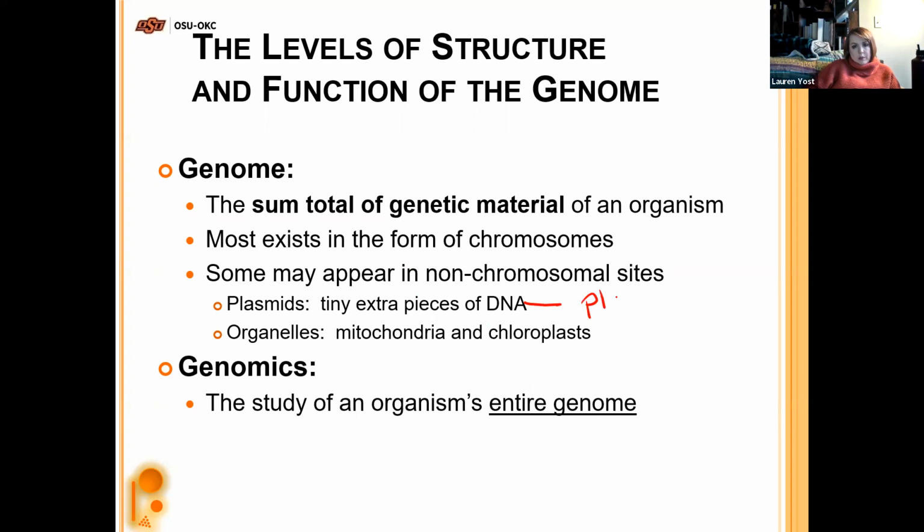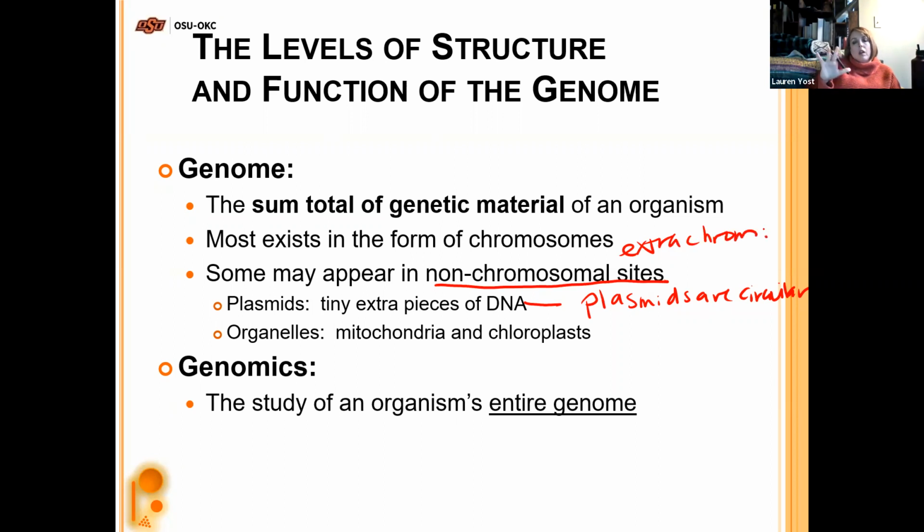Plasmids are circular. Just FYI, that is something you need to be aware of. That would be an example of part of the genome found in a non-chromosomal site, what we would call extrachromosomal.